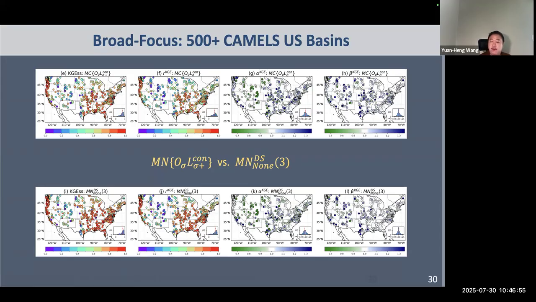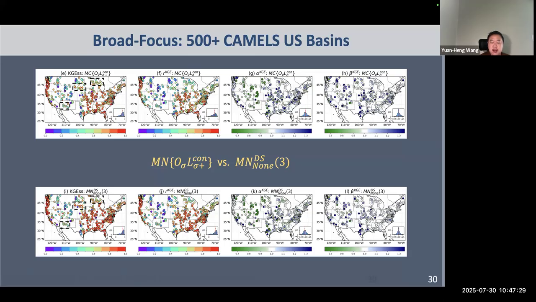Based on what we learned from the Leaf River, I first run and compare the single node versus single layer distributed state 3-node case, so without information sharing. The figures from left to right are the scale KGE and the 3 components of the KGE. For the time being, we only focus on the scale KGE.